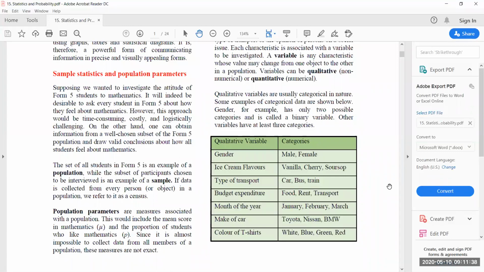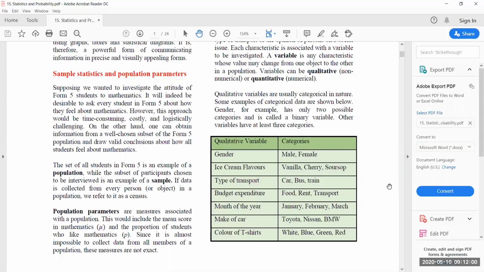However, this approach will be time consuming, costly, and logistically challenging. On the other hand, one can obtain information from chosen subsets of the Form 5 population and draw valid conclusions about how students feel about mathematics.